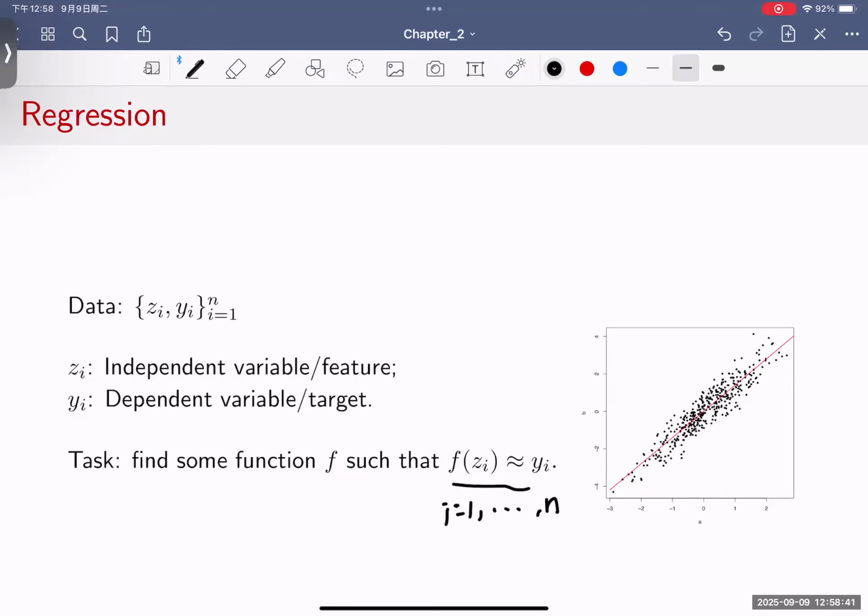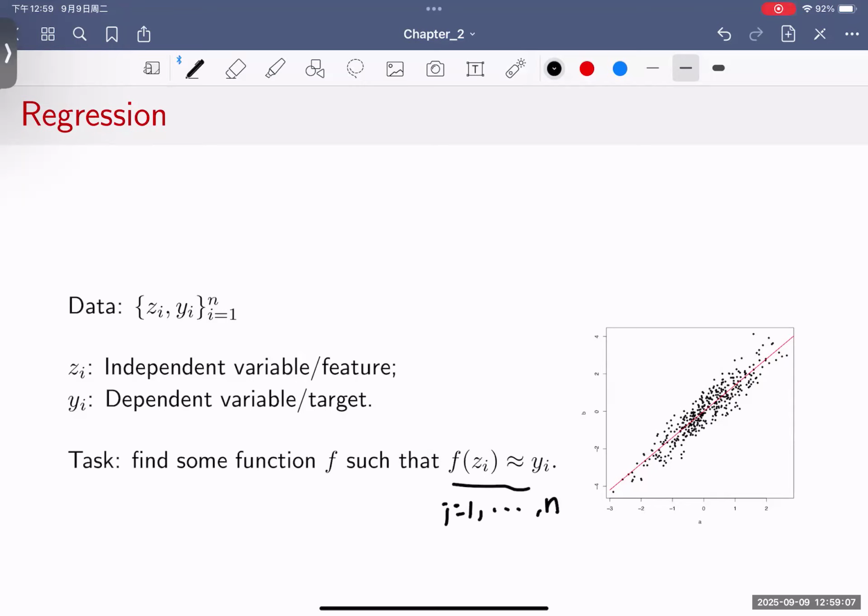But just before that, maybe you can think for a while about how we finish this type of task. What is a way to find such a function f to make f(zi) close to yi? Maybe we consider that our zi is very simple, just 1 dimension, a constant, and yi is also a constant.